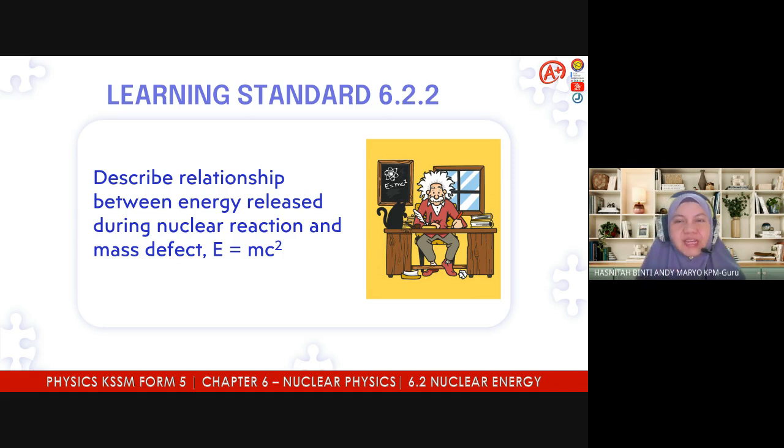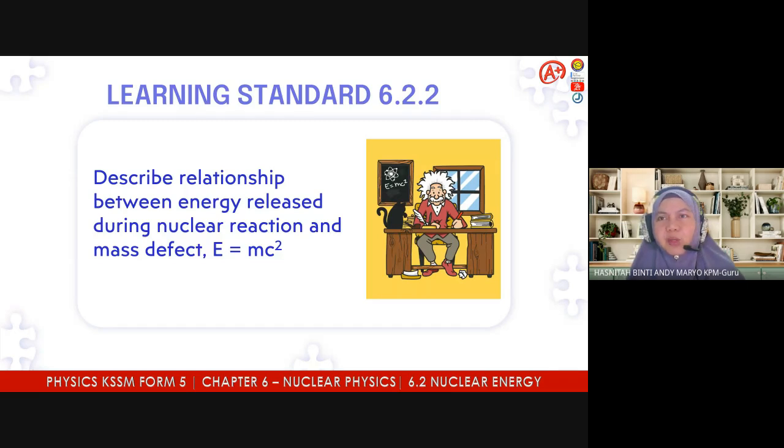Small and light nuclei combine to form what? To form a heavy nucleus. Okay, a heavy nucleus, by releasing a large amount of energy. All right.